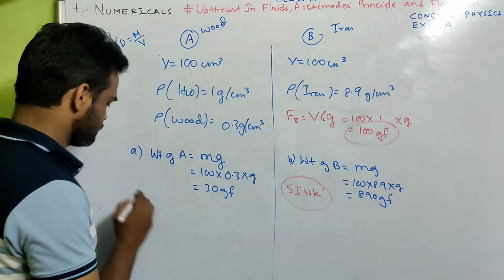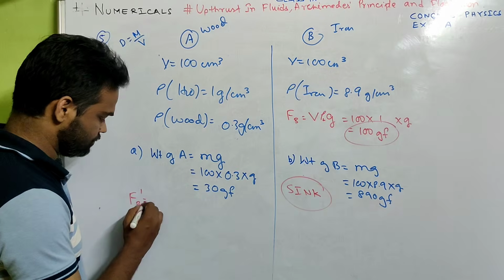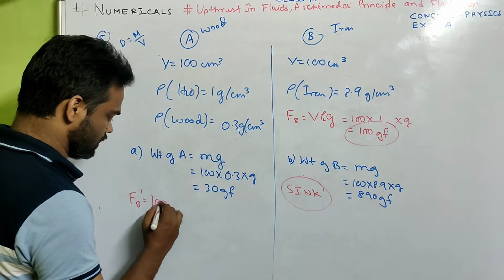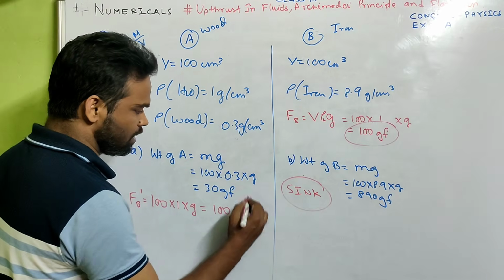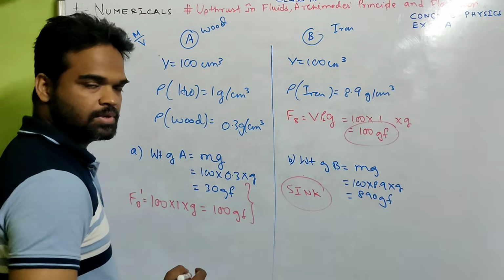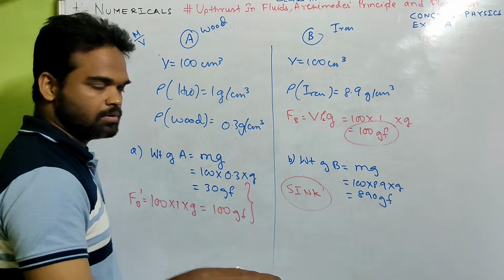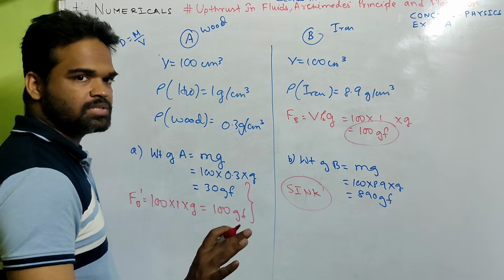On A, upthrust will be V rho g again. So V is 100, rho is 1 and g is 10. So that's 100 gram force. Now look carefully. Upthrust is maximum when the body is completely immersed in water.